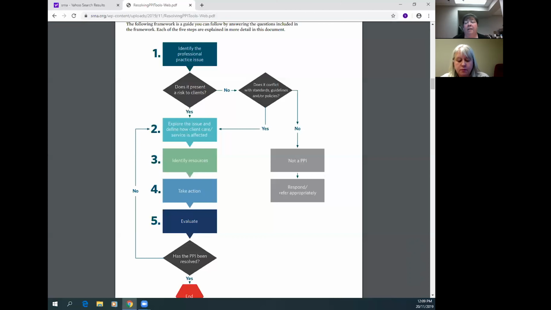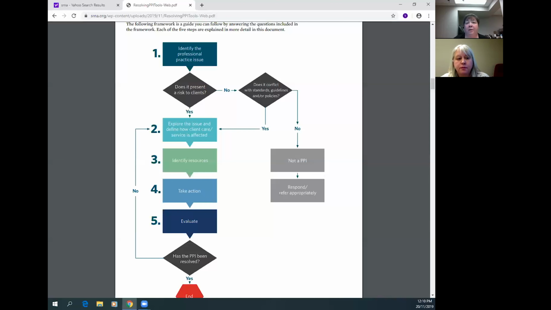One of the things that when anybody calls us, we always refer to our standards, competencies, and code of ethics. And that's the backbone of our practice. And often when people are challenged with a professional practice issue, it's because they know that it's not the right thing for them as a professional, but they might not know where that is actually stated in black and white, and that they can use that information to take it forward and explain why they have this concern.